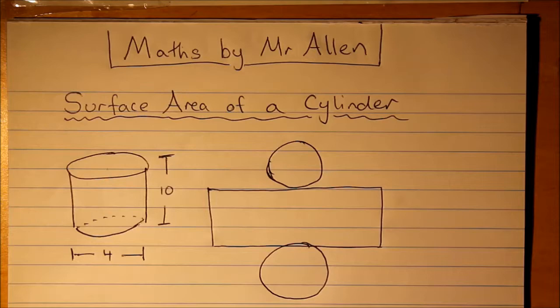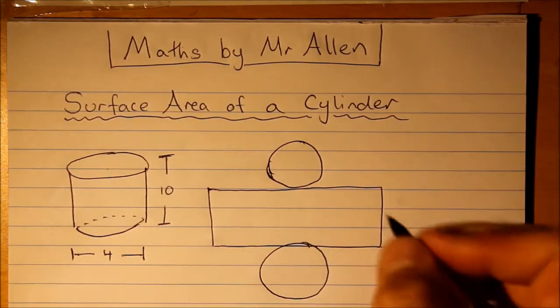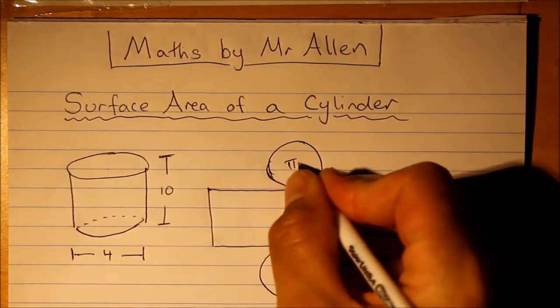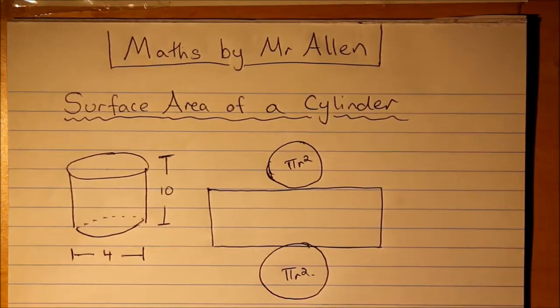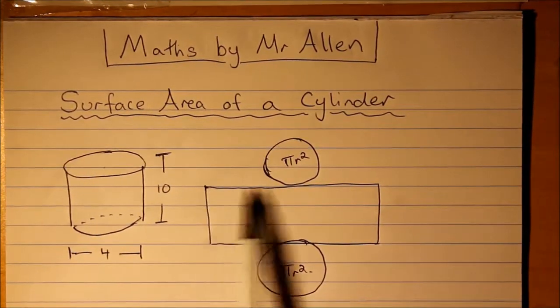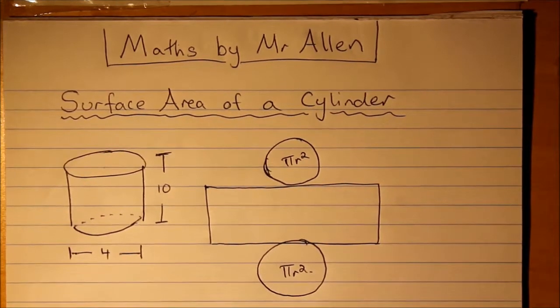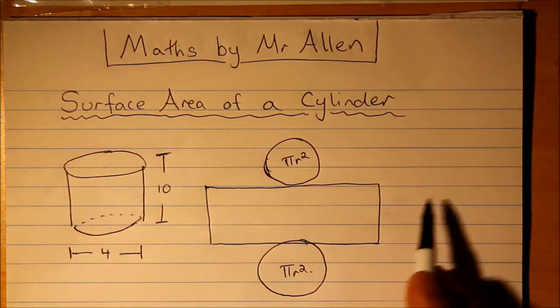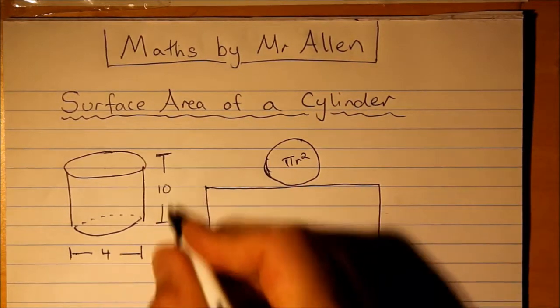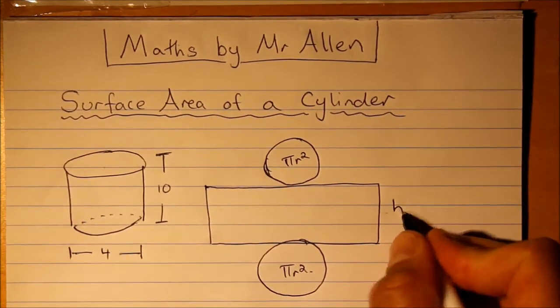Now, well, you should know the area of a circle. That's pi r squared. The question here is, how do we find the dimensions of this rectangle? Well, this part here would be the height, so we could put that down, h.